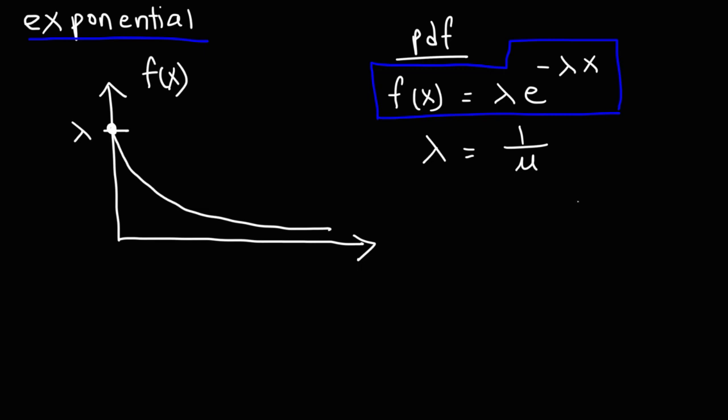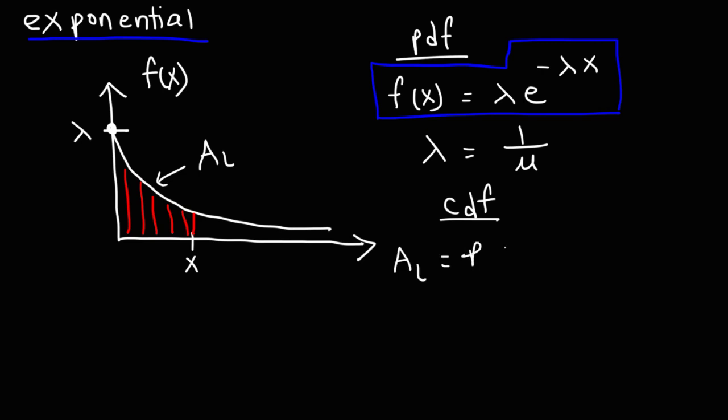Now, the CDF gives us the area under the curve to the left of some value x. So let's say we wish to calculate the area to the left. That's going to be AL. That's going to be the probability that x is less than or equal to some value, and that's going to be equal to 1 minus e to the negative lambda times x.